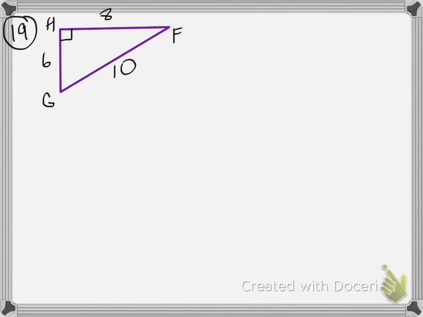So if you're dealing with F here, then this is opposite, this is the hypotenuse, and this is the adjacent. And in the problem they ask for the tangent of F. Well, the tangent of F is opposite over adjacent.